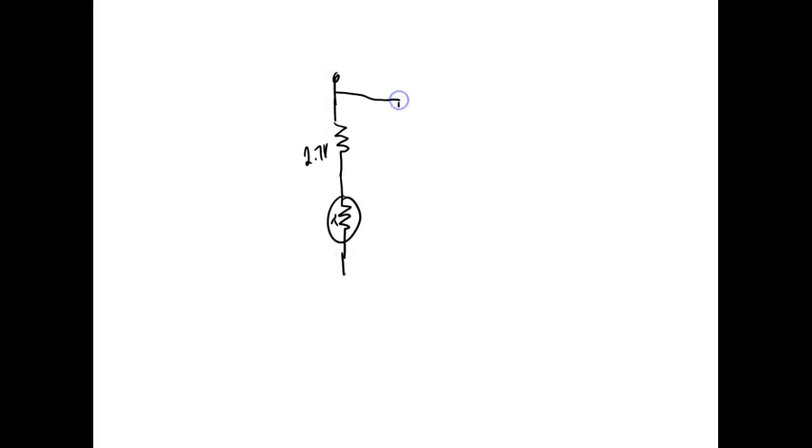Then I've got my light bulb right here, and then I've got my triac right here. And my gate is connected right there.